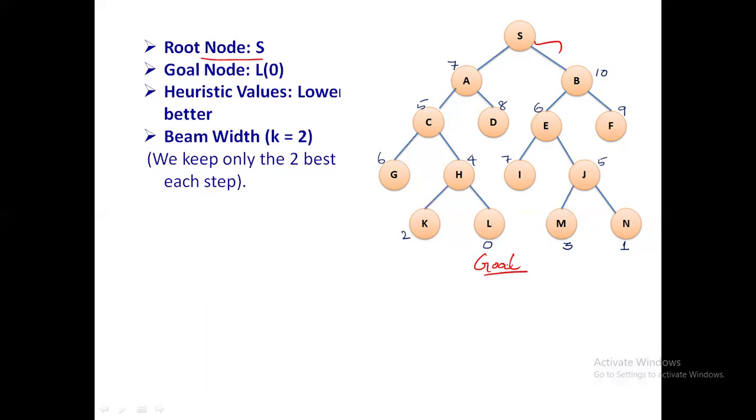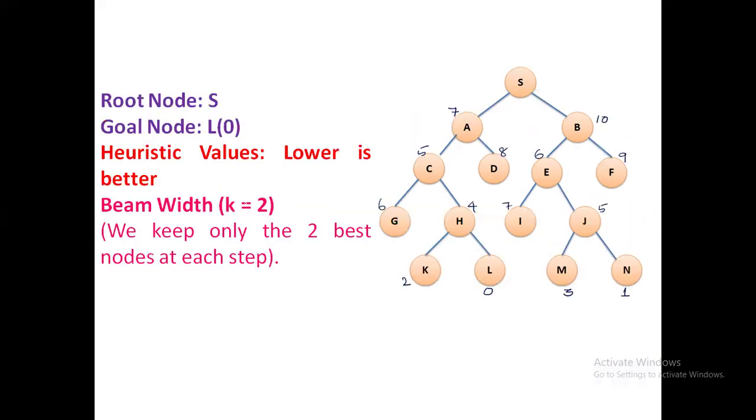We have to reach the goal node L from the starting node S. For the heuristic value, lower is better, and the beam width is k equal to 2. We keep only the two best possible steps. This is the first step.